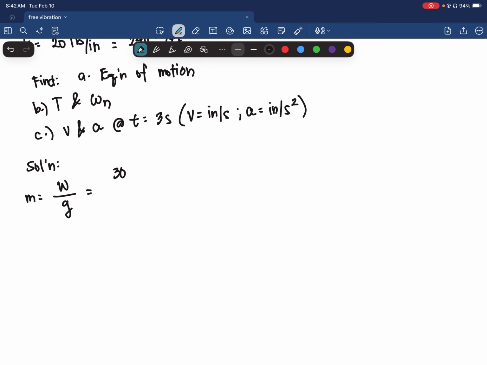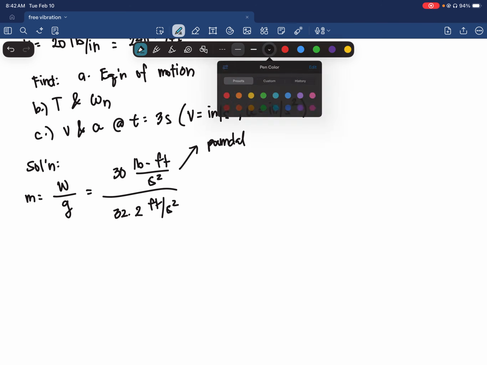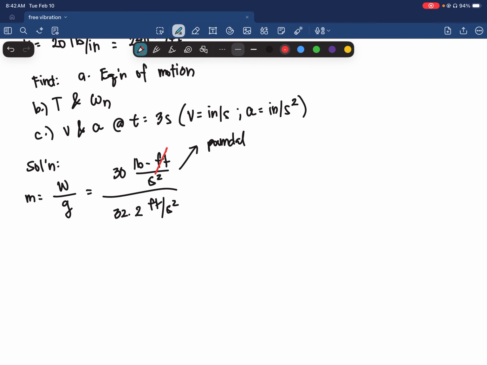A poundal is pound-feet per second squared. Then we have 32.2 feet per second squared. This cancels, and we're left with the mass. Doing this, we end up with 0.931.